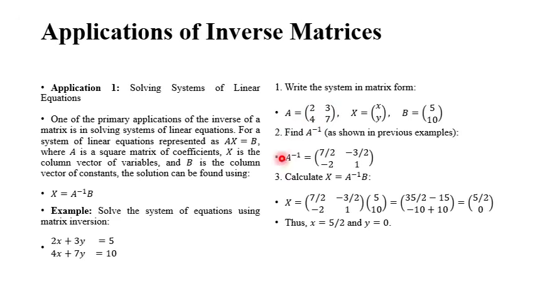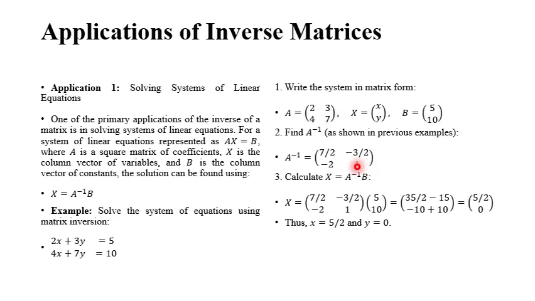The inverse of this matrix will then be the adjoint divided by 2, and that is why you have 7 over 2, minus 3 over 2, and minus 4 over 2, because you are dividing the adjoint by the determinant, which is 2. That gives you minus 2, and this 2 over 2 gives you 1.